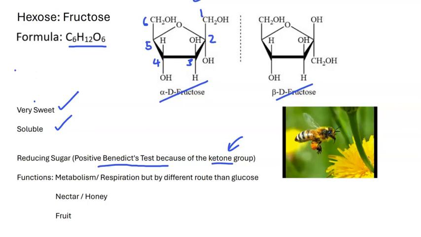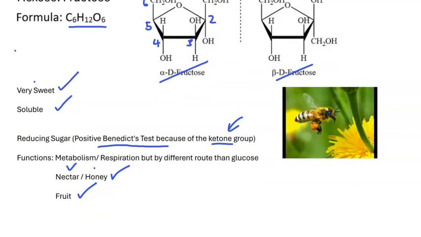However, something like the honeybee is capable of metabolizing it directly. And of course, as we know, the honeybee is responsible for collecting nectar to construct honey. And of course, we know that plants themselves are producing fructose in fruit, the sweet tasting fruit, for the dispersal of the fruit itself.